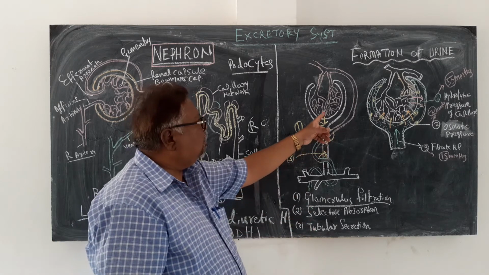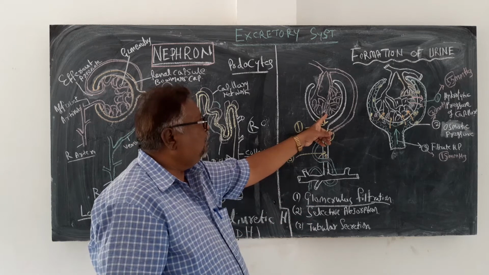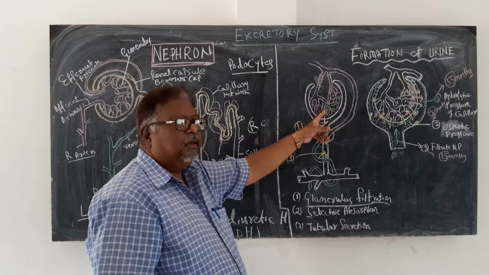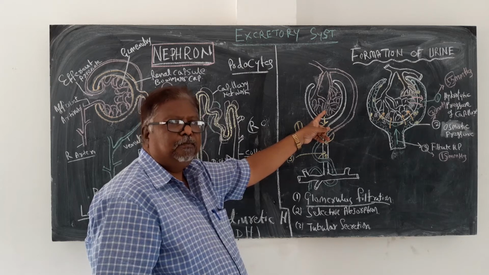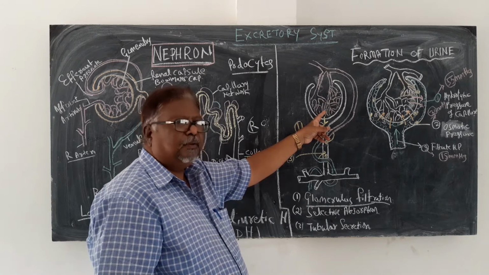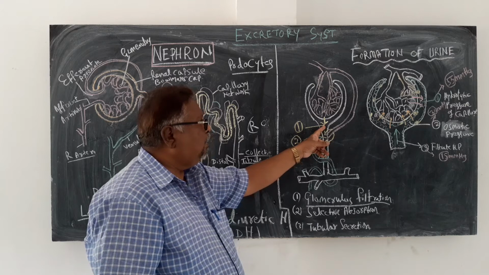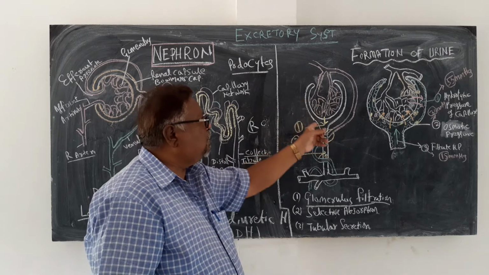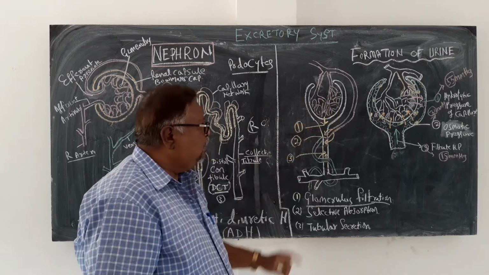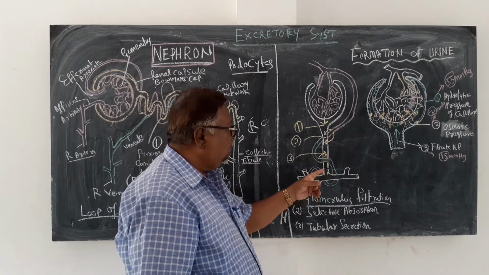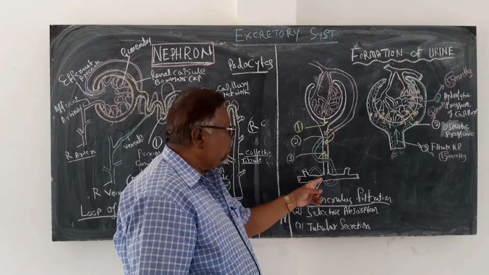So here is the glomerulus filtration, wherein the capillary network which contains the nitrogenous waste materials, excessive substances, should be flowed into the Bowman's capsule. This is Bowman's capsule, and this is the proximal PCT and DCT and the collecting tubule.